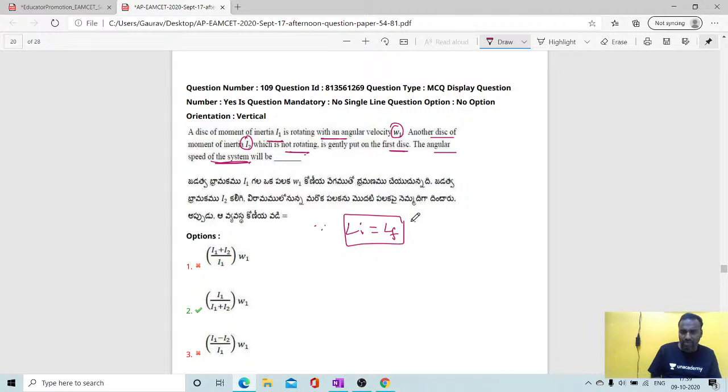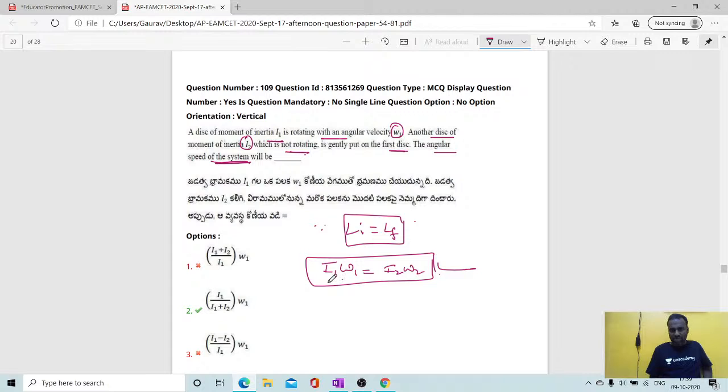So initial angular momentum is equal to final angular momentum, students. So I1 omega 1 is the initial angular momentum and I2 omega 2 is the final angular momentum. A disk of moment of inertia I1 has angular velocity omega 1, so I1 omega 1. Another disk of moment of inertia I2 is not rotating, so its angular velocity is 0, and it is gently placed on the first disk.